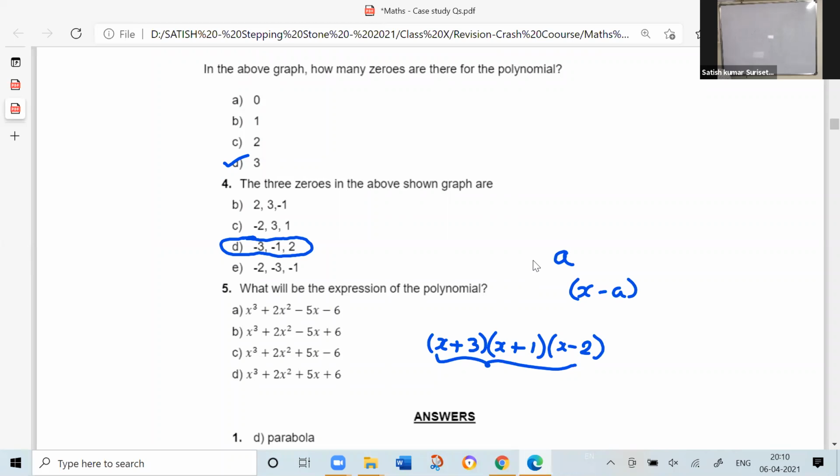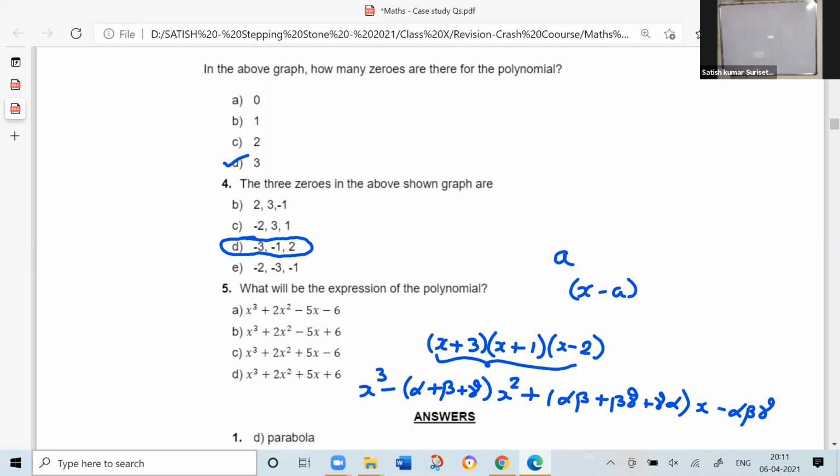This is one method. Another method, in case you remember the formula of relation between the roots, when you have 3 zeros alpha, beta, gamma, you have a formula directly. So based on the formula also you can do it. If you want, I can discuss that. x cube minus the sum of all zeros, that is alpha plus beta plus gamma, into x square plus alpha beta plus beta gamma plus gamma alpha into x minus the product of all the roots, alpha beta gamma.